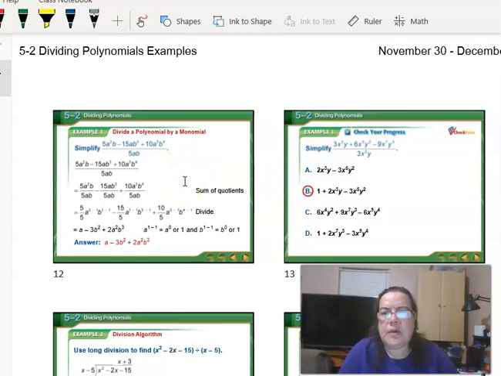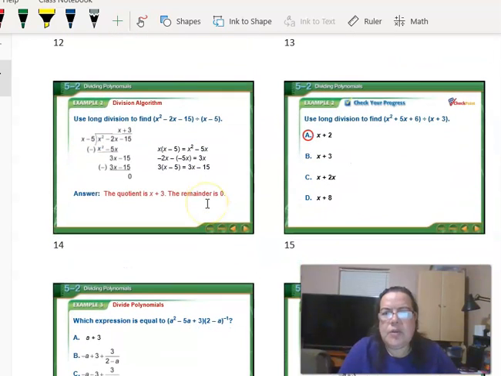Sometimes you'll be able to divide it into 3 pieces, like this one, just the way that I showed you in the example. And then, of course, simplifying each of these pieces individually. So the steps are here and the answers and so on. Then you can practice one on your own. Then you're going to see that in some cases they're going to ask you to do long division, just as I showed you. So it's just a matter of practicing.